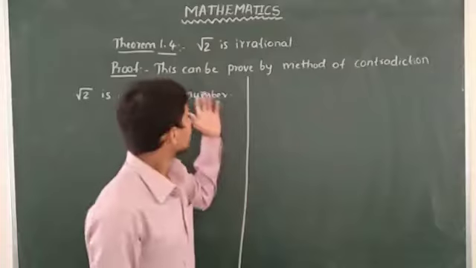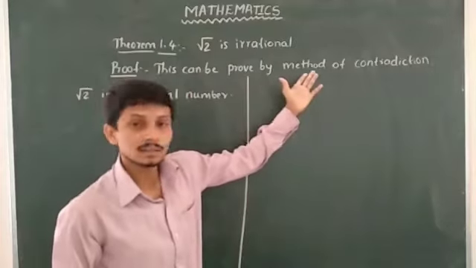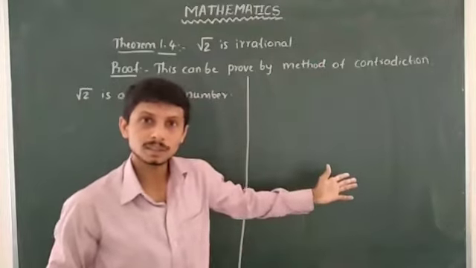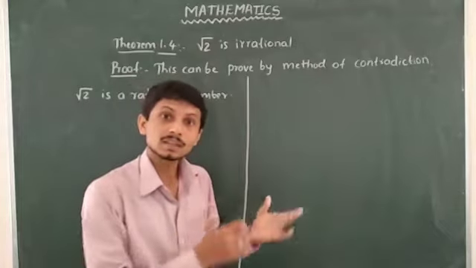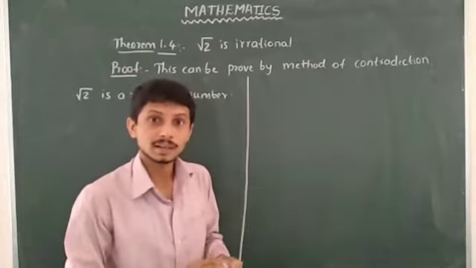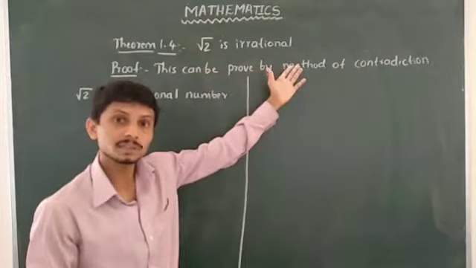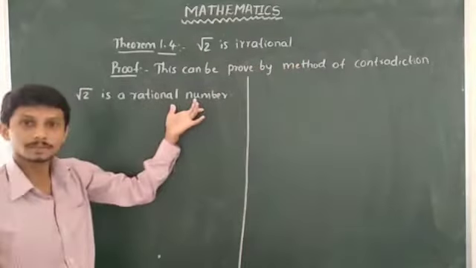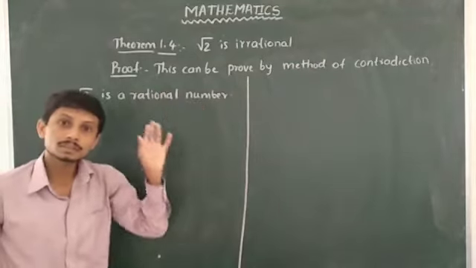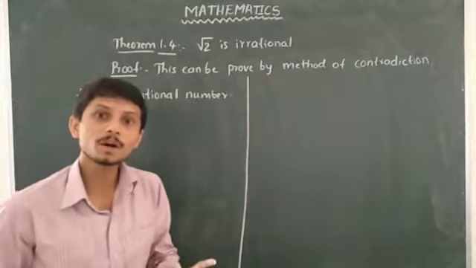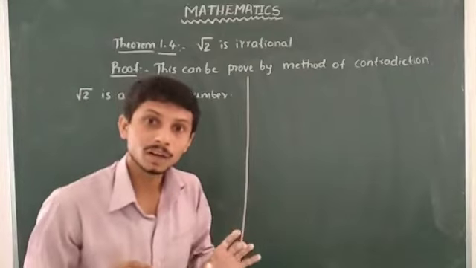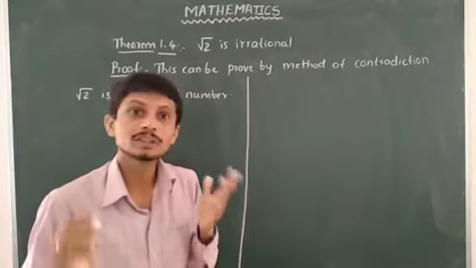So we assume the statement is incorrect: root 2 is not irrational, so it must be rational. Rational numbers can be expressed in the form p by q, where p and q are integers and q is not equal to 0.